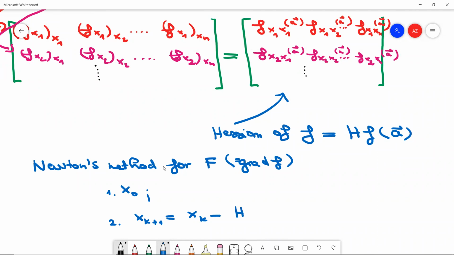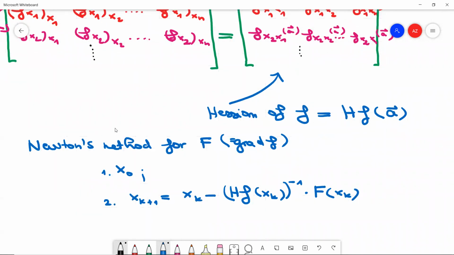So the Hessian of small f calculated in x_k, we take the inverse, times the value of capital F in the point x_k. So you have to be careful not to swap things here. We have the Hessian of small f, which is just the Jacobian of capital F, and since we are doing Newton's method for capital F, here we are calculating the function value of capital F in the point x_k.